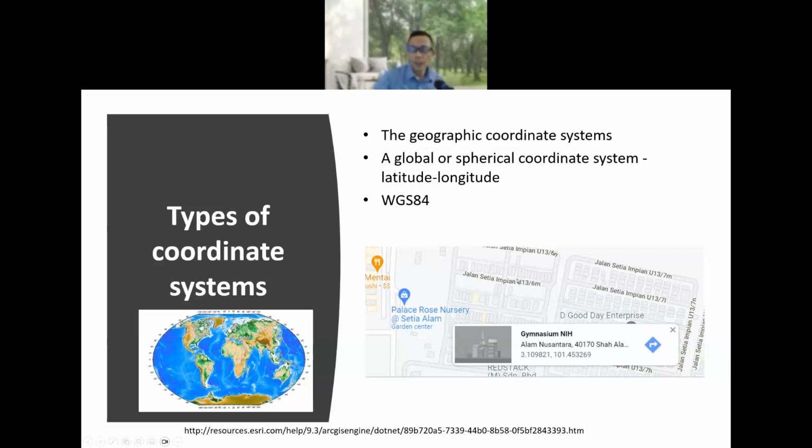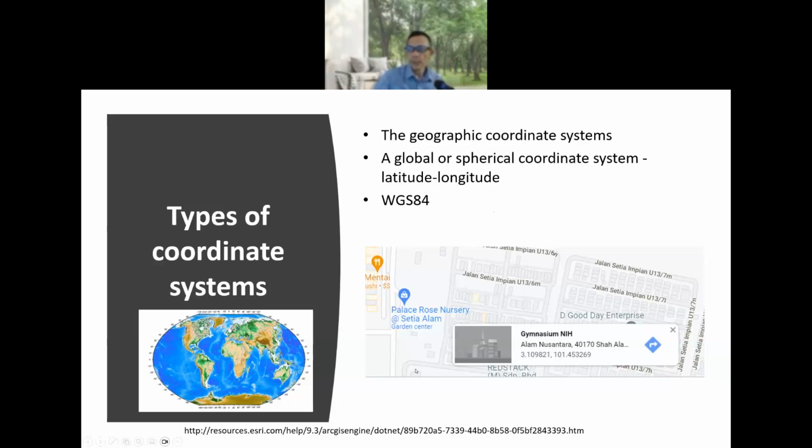not a projected coordinate system. This is a geographic coordinate system, because these coordinates come from WGS 1984.